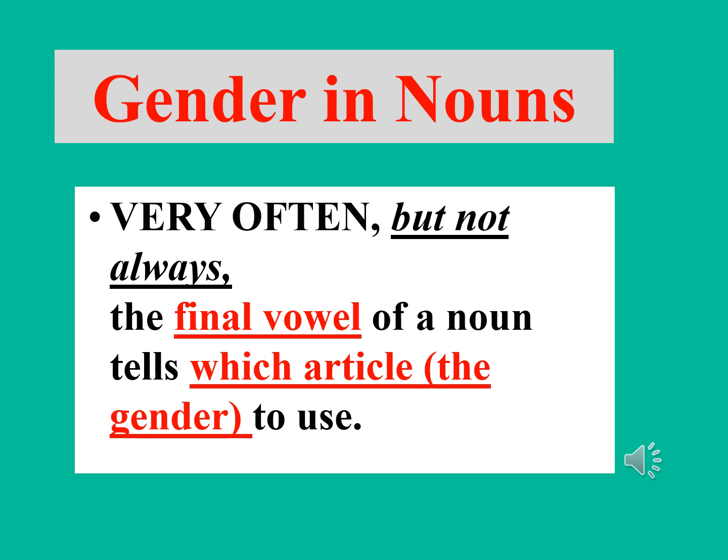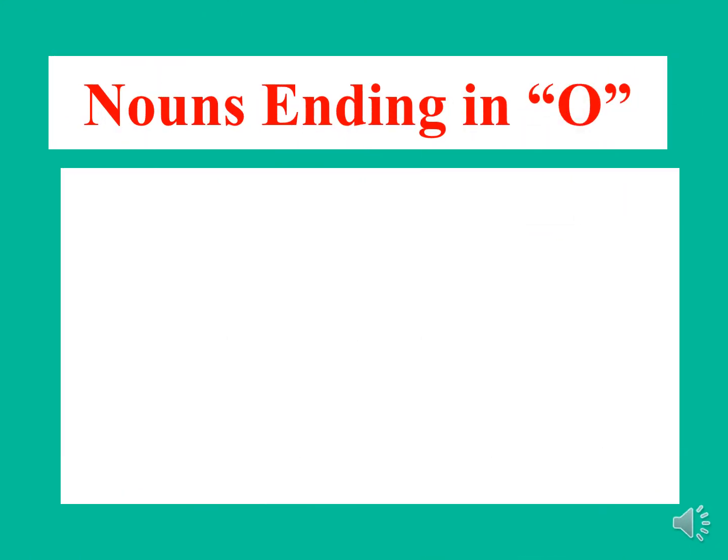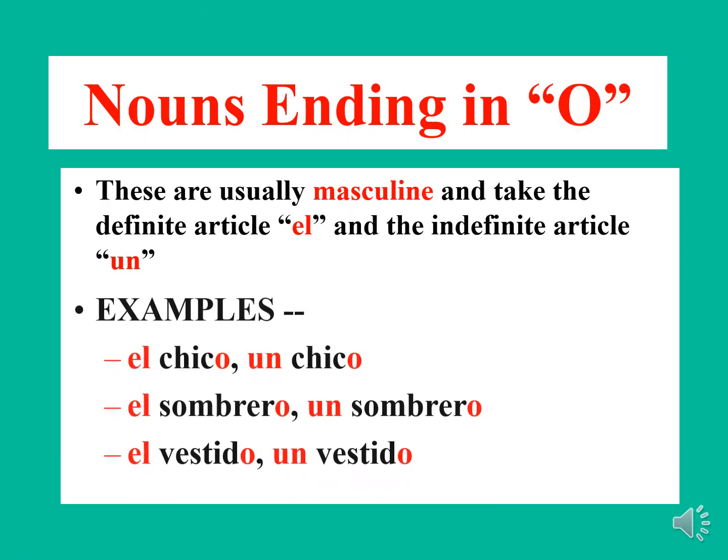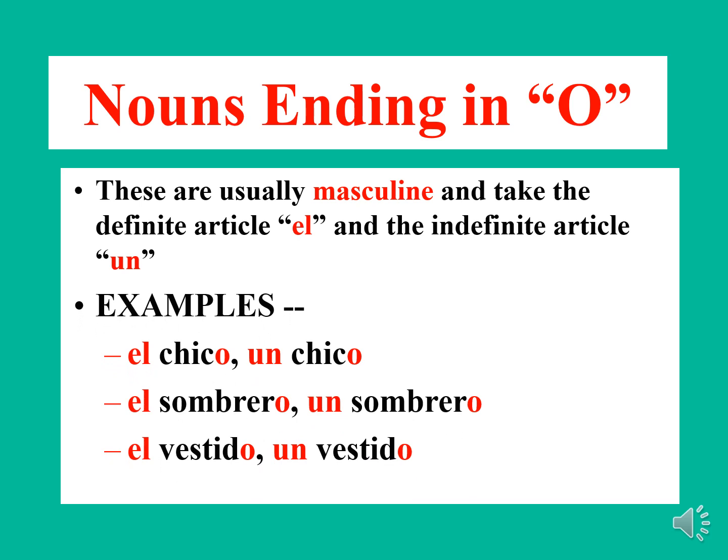Many times the last letter of the noun will tell us which way to go in terms of masculine or feminine. Most nouns that end in O will be masculine, so you will use a form of the article that is masculine, el or los, un or unos.